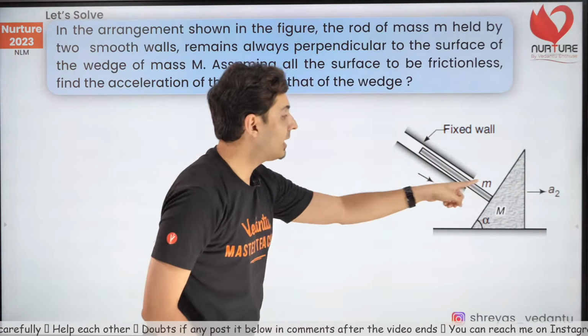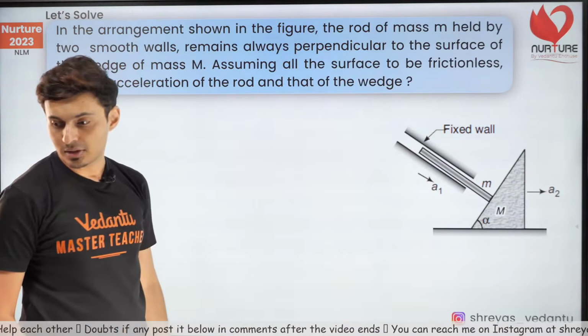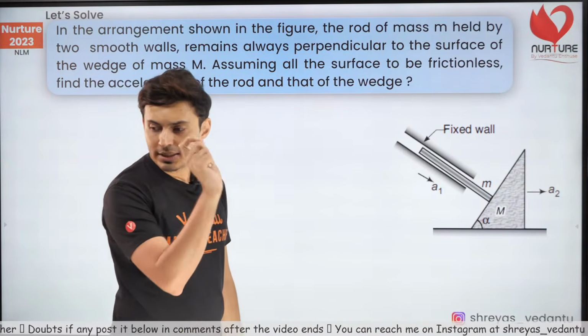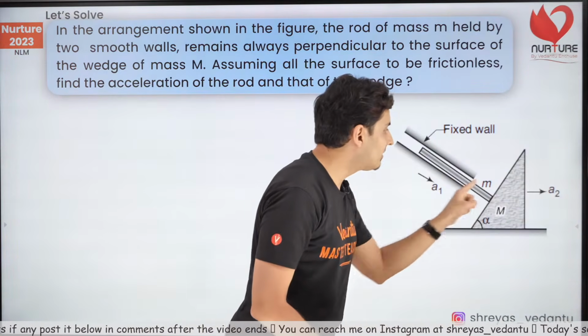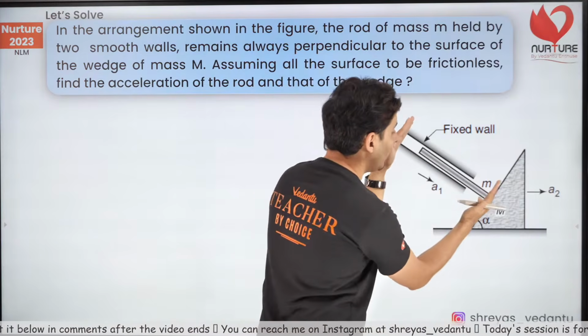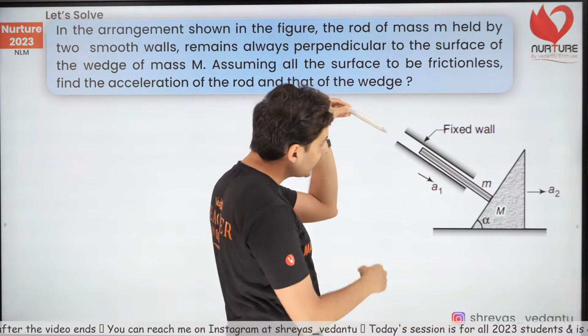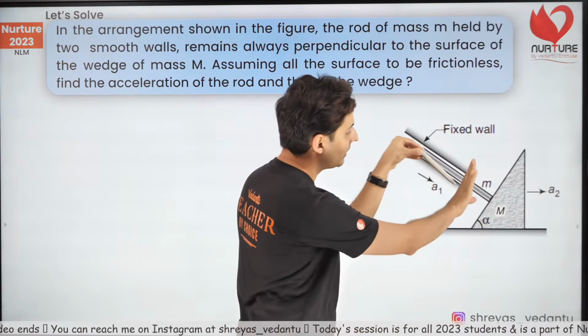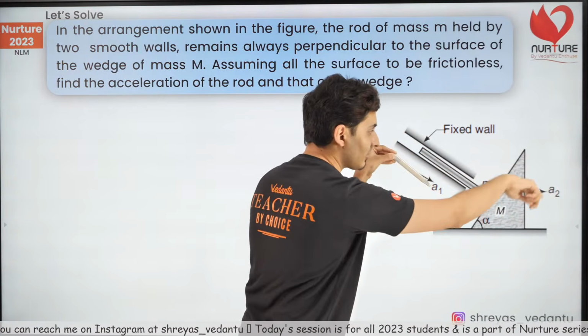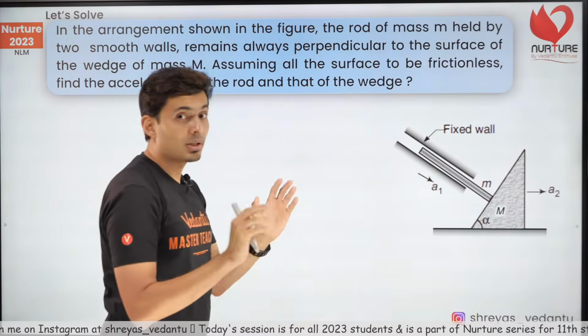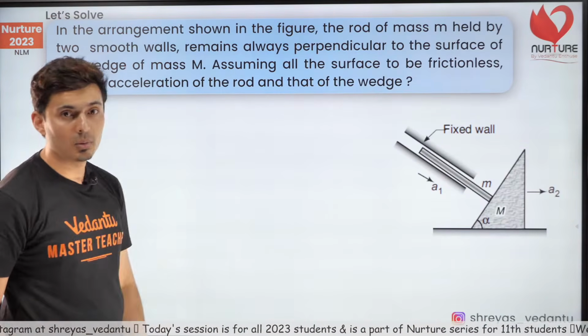The question is, what are the actual values of the acceleration? Do you see that their accelerations won't be the same? Because this rod is not moving like this, it's moving this way. So when the rod goes like this, the wedge, this triangular block, moves that way. So their accelerations might be related to each other.